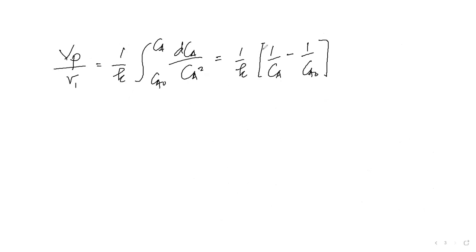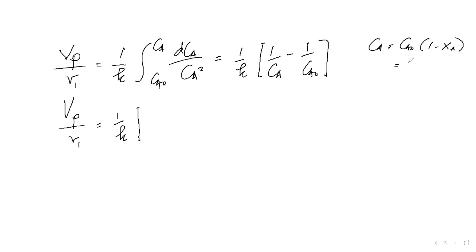Now, if we substitute the available information that we have, Vp over V1, both of which we do not know, is equal to 1 over K, which we also do not know. Now, your Ca is CaO times 1 minus Xa.